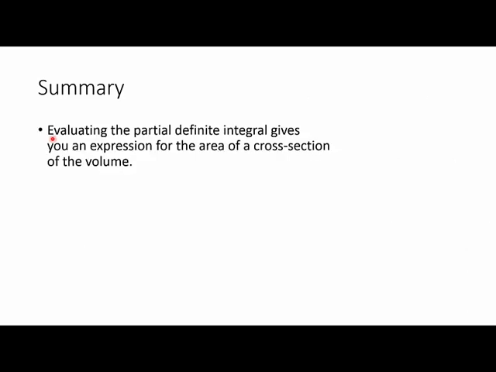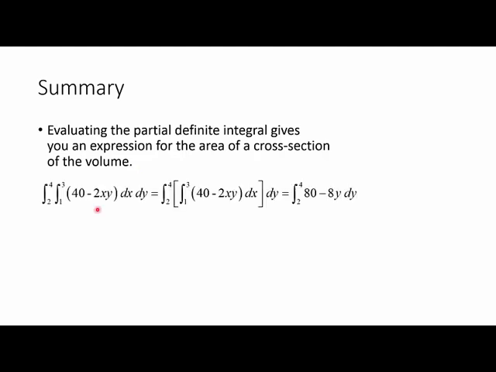Next, we also found that evaluating the partial definite integral gives you an expression for the area of a cross-section of the volume. So let us recall what this means. We have this double integral. Here we put the square brackets to isolate the partial definite integral. And after some working, we arrive at this answer, 8y.